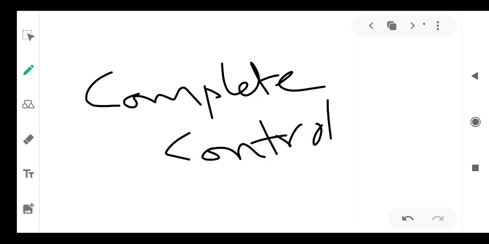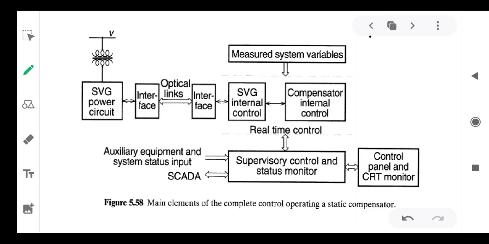Now let me explain the complete control of the power system, which will be useful for a system including SCADA. So this is the overall control circuit of the system.